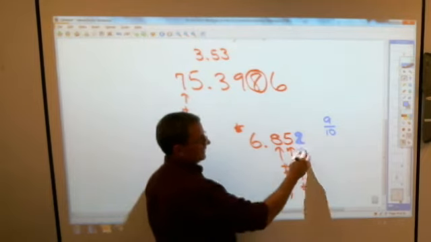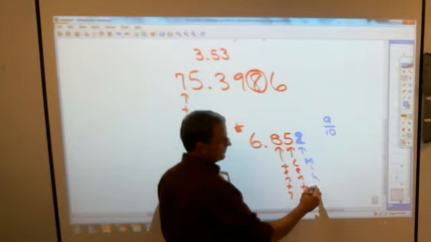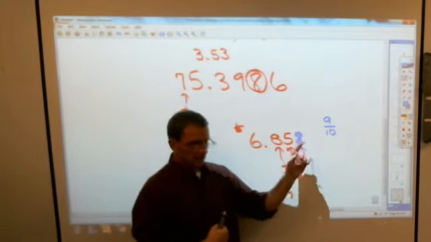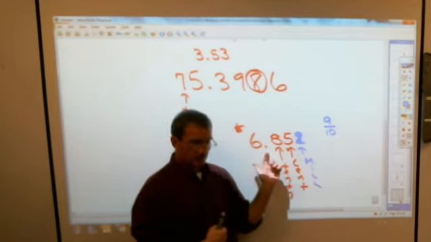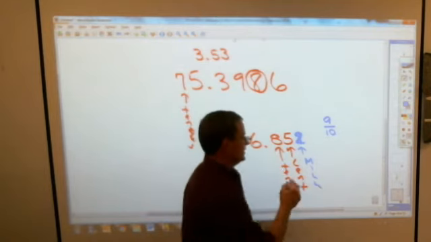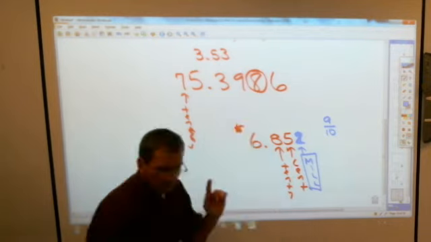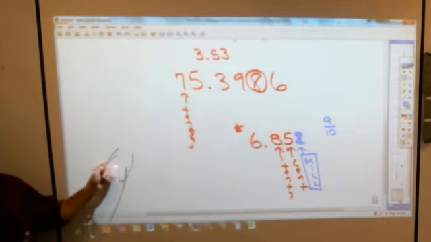But this has a name. It is a mill, which means a mill is 1/1000th of a dollar. For some reason they'll ask you that. I just thought I'd give it to you. You don't really find it except in Michigan. I do remember this. When they talk about taxes, they actually talk about mills.